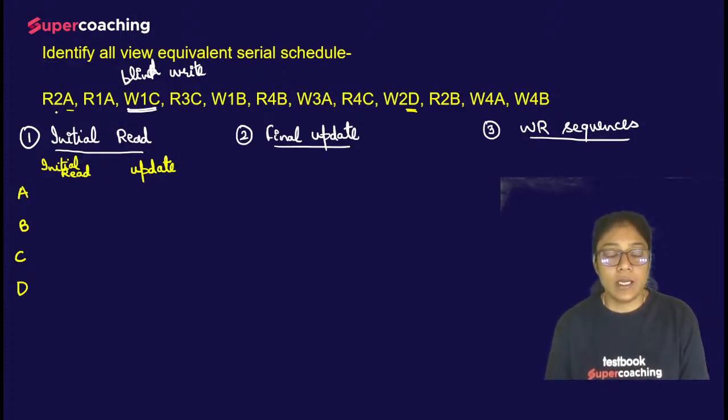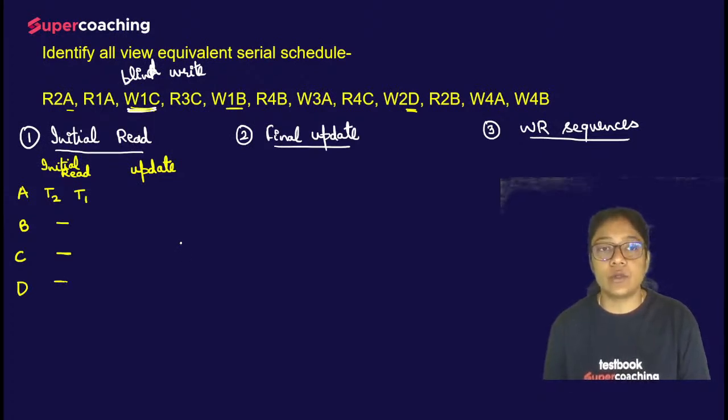So data item A is initially read by transaction T2, then by transaction T1, and C is not performing any initial read क्योंकि C ने पहले ही write operation perform कर दिया. Then the write operation on data item B is executed first, and the write operation on data item D. So there is no initial read for the data item B, C, or D.